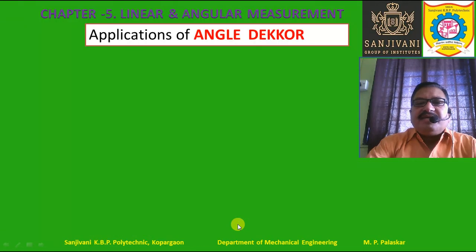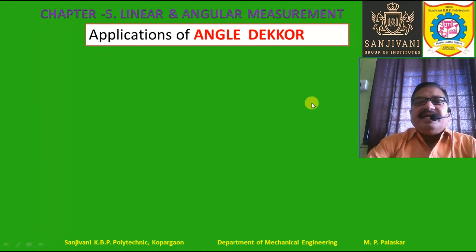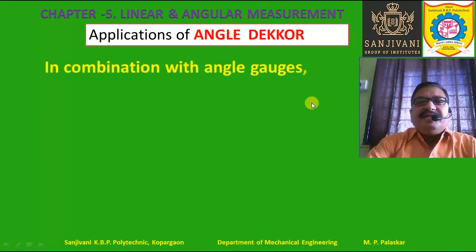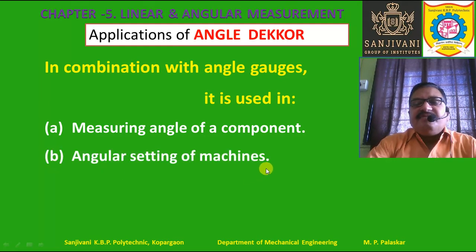So in this way we are using the angle decker, and now let us study the applications of the angle decker. Angle decker is always used in combination with the angle gauges. It is used in measuring the angle of a component. For simple measurement of the angle of a component, angle decker can be used, and the angular setting of machines can also be done by using the angle decker.